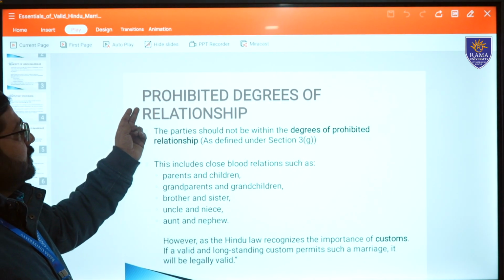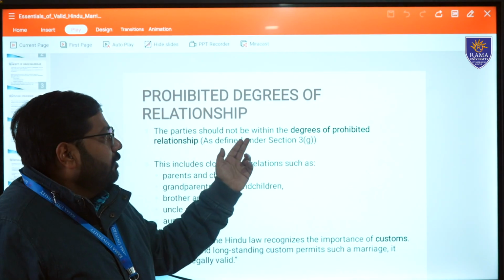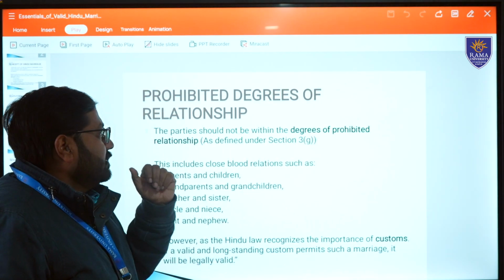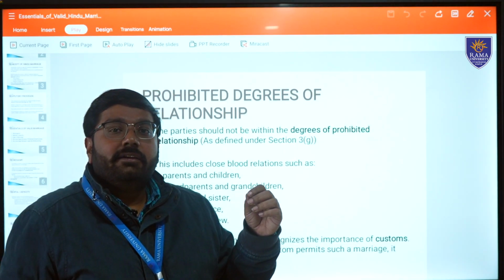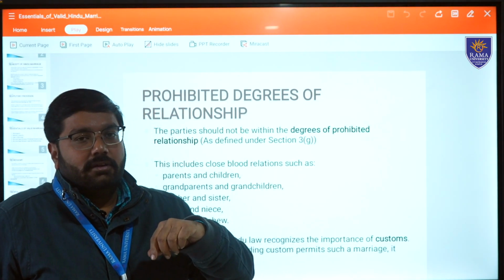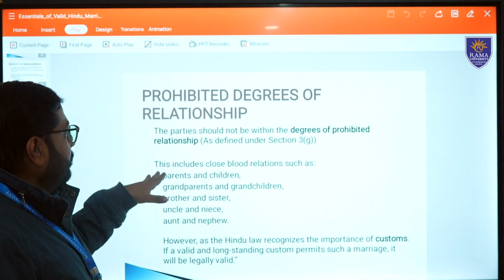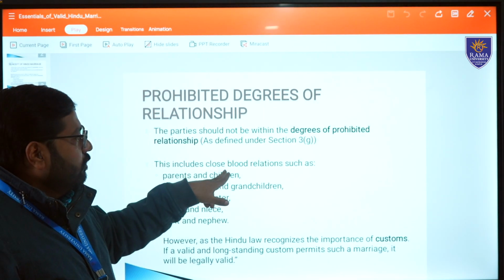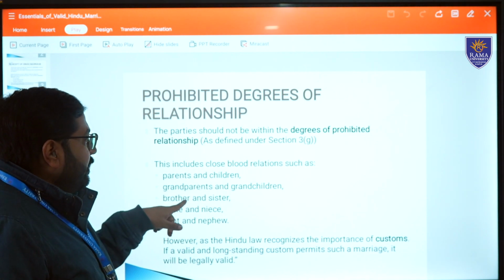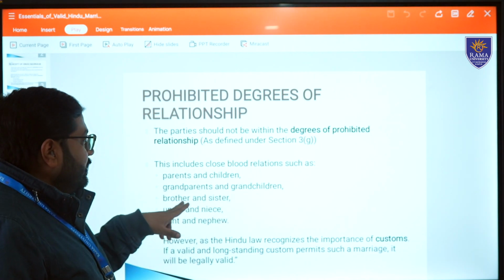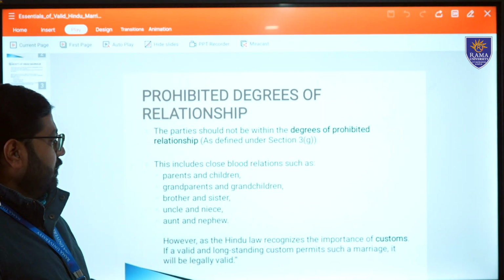Now, the fourth condition is the prohibited degree of relationship. The parties should not be within the degree of prohibited relationship. Prohibited degree of relationship has been defined under Section 3, Subclause G of the Hindu Marriage Act, which includes close blood relations such as parents and children, grandparents and grandchildren, brothers and sisters, uncle and niece, aunt and nephew.